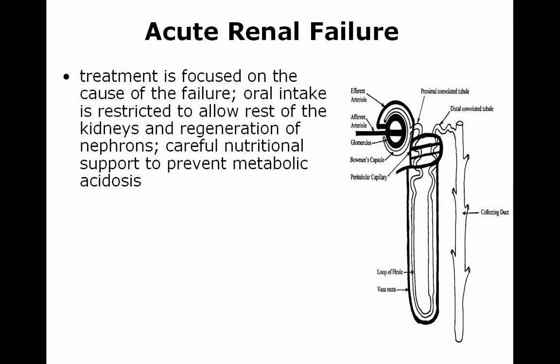Treatment's focused on whatever's causing the failure. Oral intake will be restricted to allow the kidneys to rest. And nephrons can regenerate when they're damaged, if they have the opportunity to rest. Very careful nutritional support, and the temporary dialysis may also be necessary.